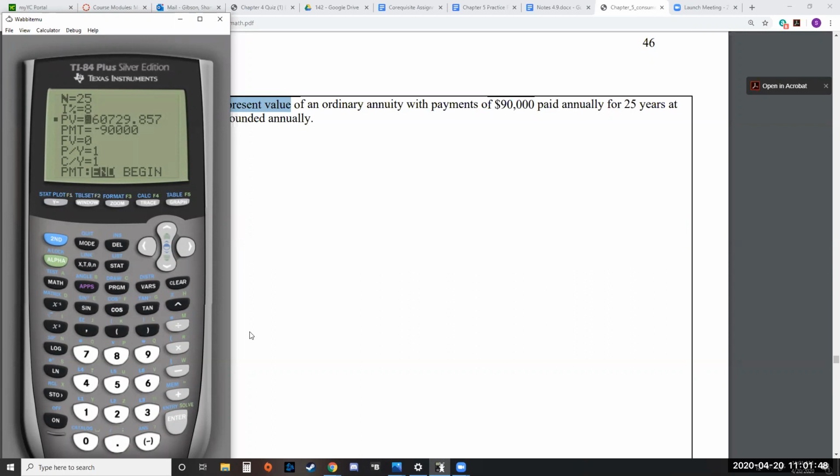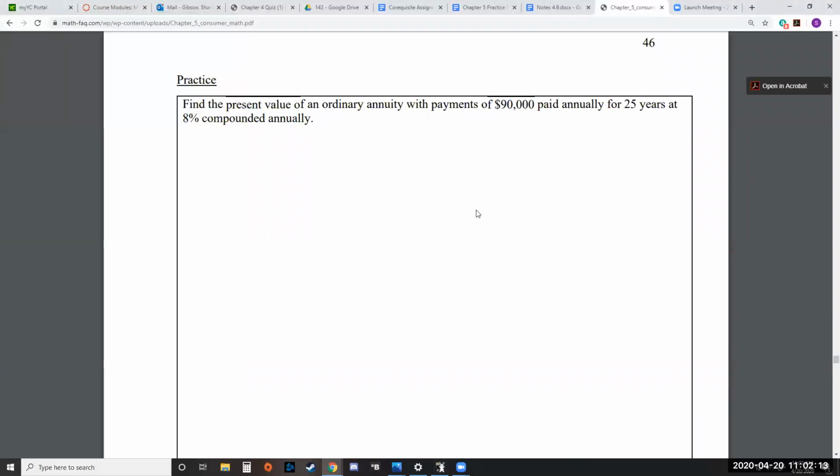If you make that lump sum investment, after 25 years versus the $90,000 for 25 years, you're going to end up with the same future value, right? So this is really just comparing two different modes of investment. Do you want to make these payments of $90,000, or what lump sum could we make that would give us the same amount after 25 years? That lump sum is what we call the present value of an annuity, and in this case, it would be this value. This is not the most straightforward use of this formula.